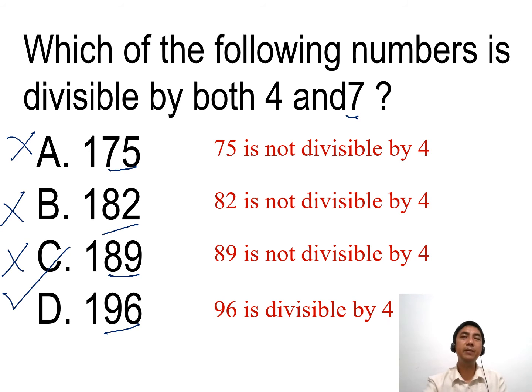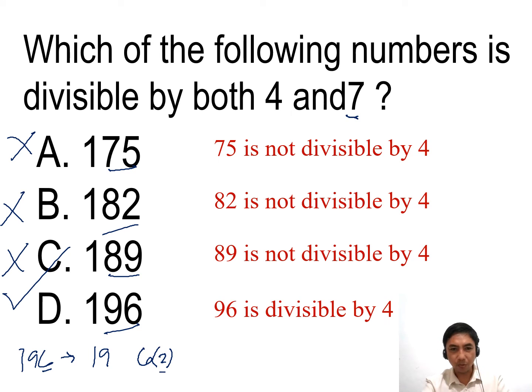How do we know if a number is divisible by 7? So, assuming ito, 196. Ang gagawin natin, yung units digit na 6, ihiwalay mo. So, 19, tapos ihiwalay mo yung 6. Always doubled, so 2 is a constant. And then, isubtract mo ang 6 times 2 sa 19.